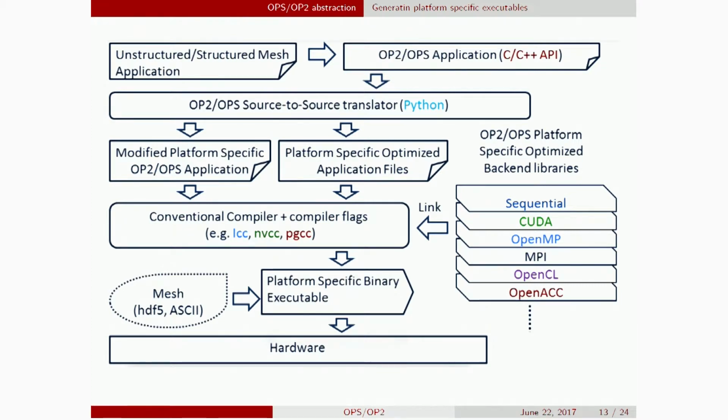And after that, we can compile the application as always. So we link to our backends to provide the different implementations, different parallelization techniques. And after it, we get the binary, so we can run our application.